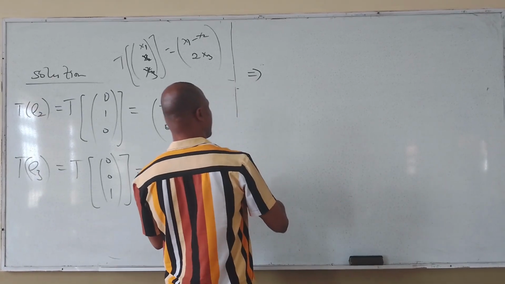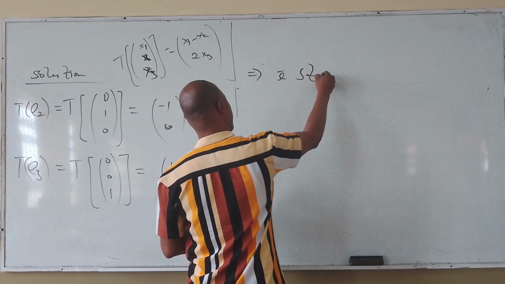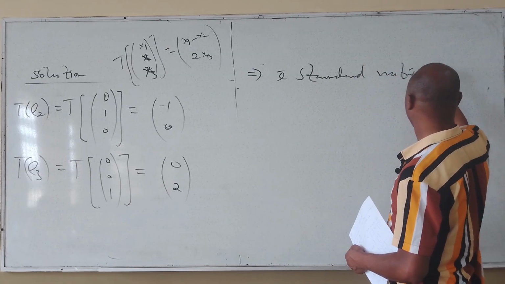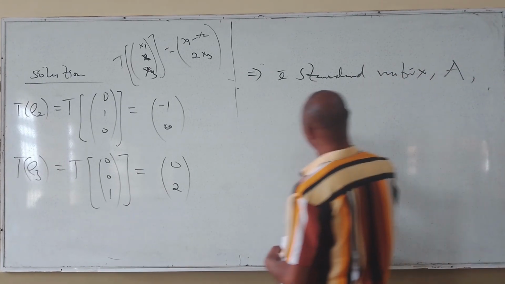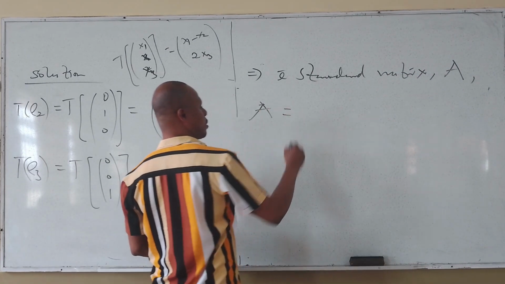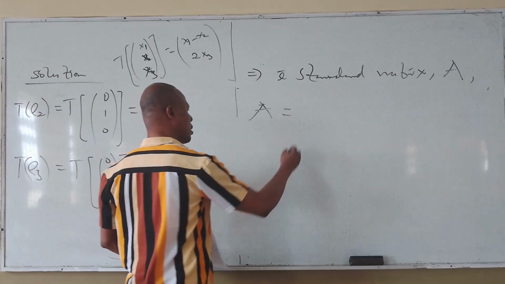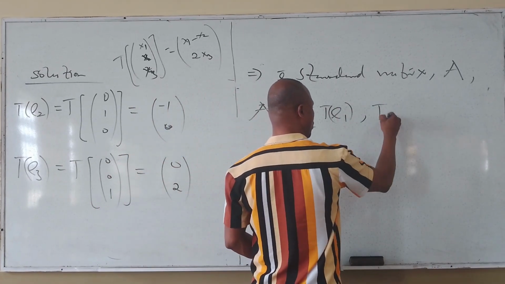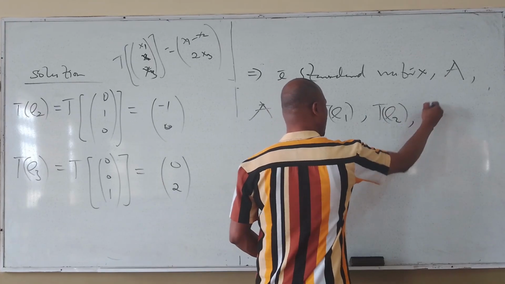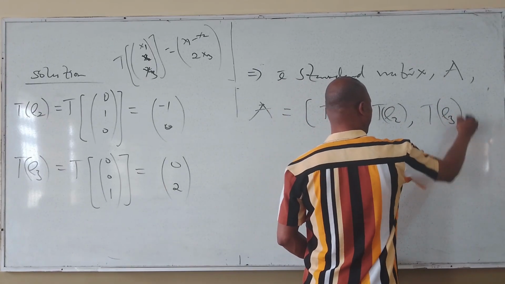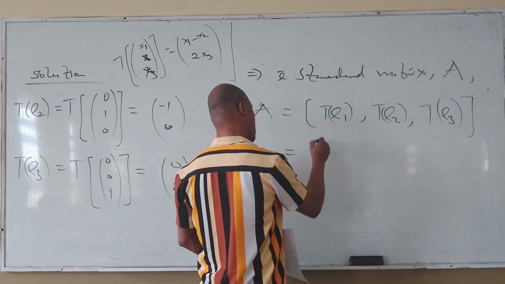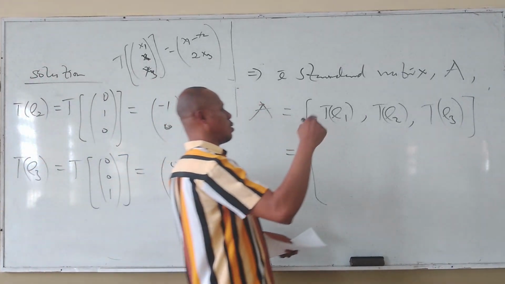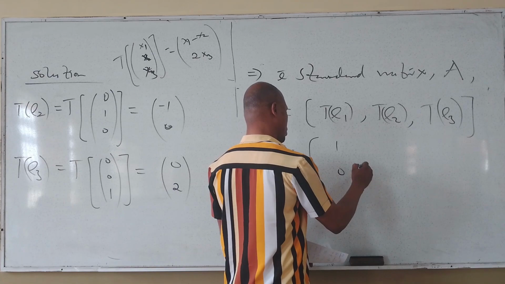The standard matrix A is equal to the columns T of U1, T of U2, T of U3. T of U1 is 1, 0.